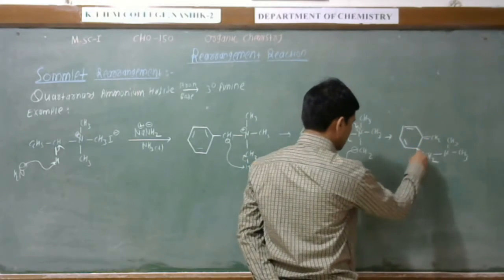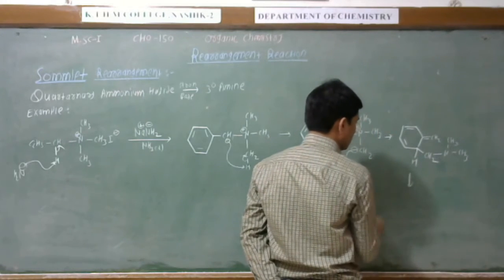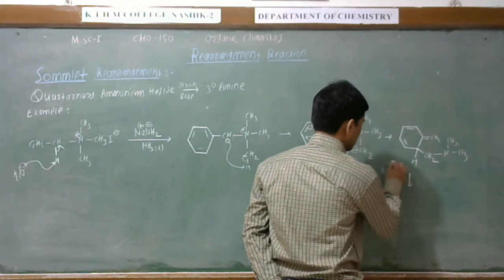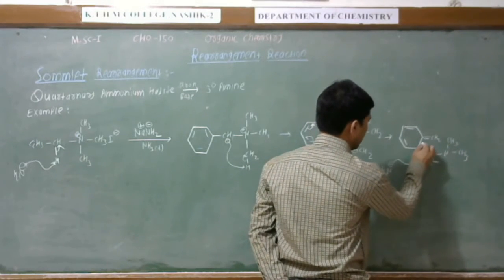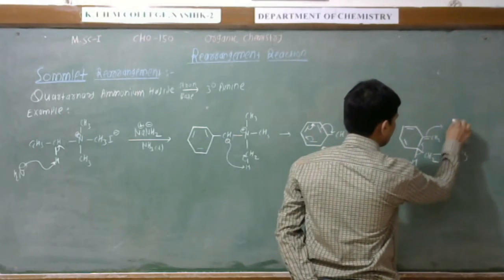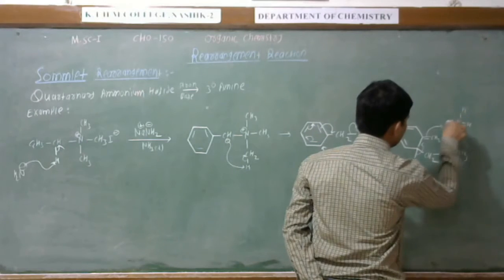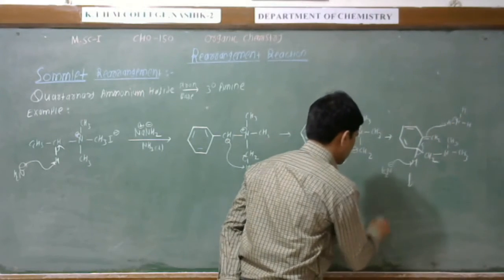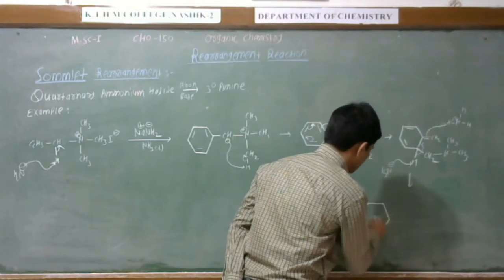Now again, this is the hydrogen here, which can be picked up by NH2 minus, and after that there is the aromatization, and from ammonia it can take the hydrogen, and the last product is the tertiary amine.